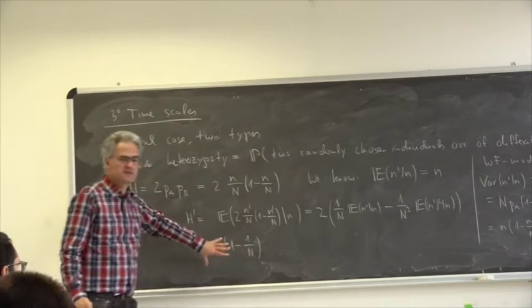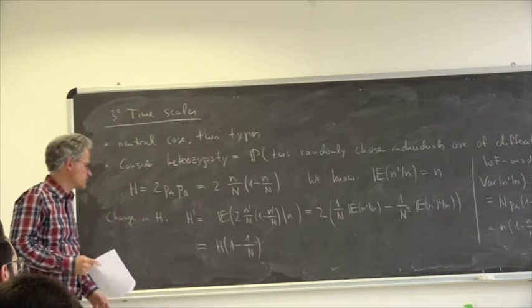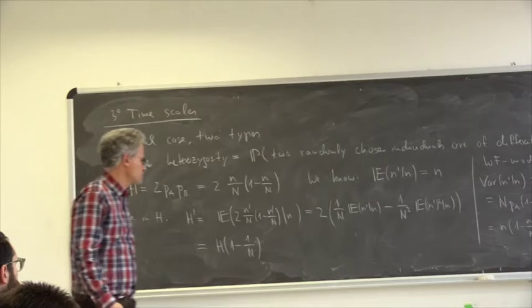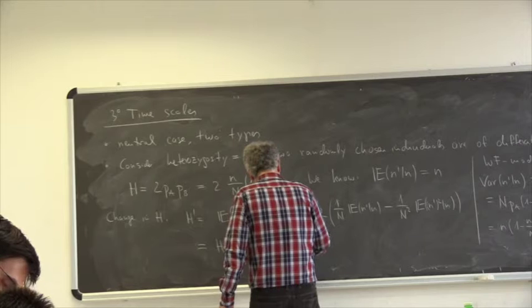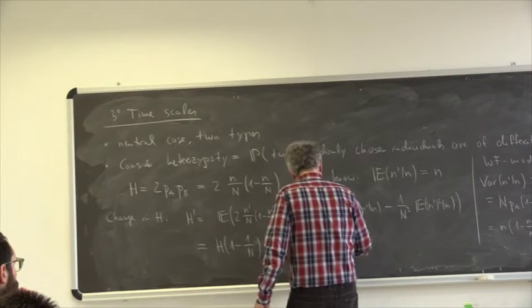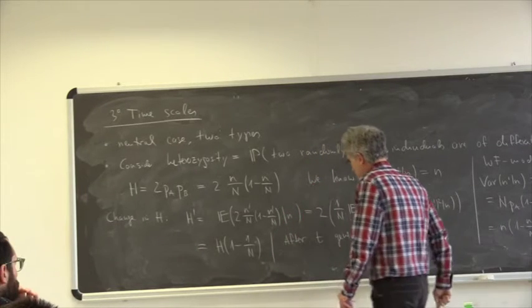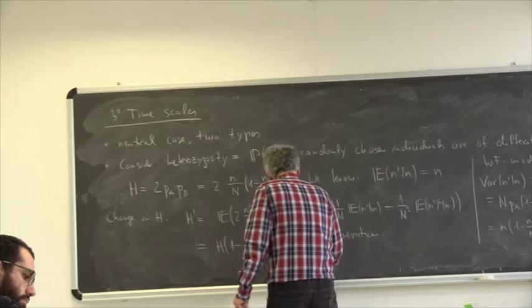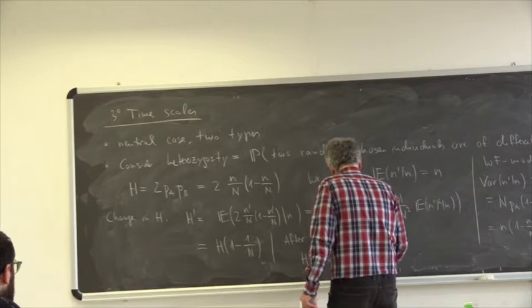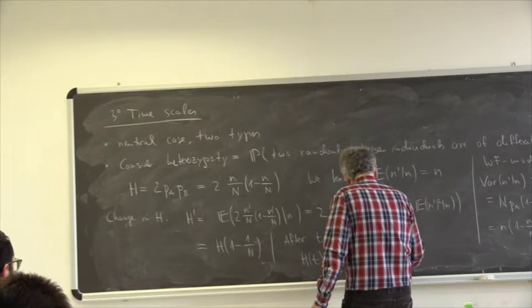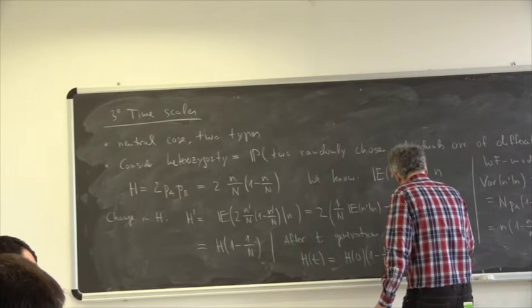And so here you can see this in an average way. Rather than just looking at the endpoints of fixation, you can see that during the process, the heterozygosity actually decreases. So after t generations, the heterozygosity is essentially the heterozygosity at time 0 times 1 minus 1 over n to the power t, which you can of course write as an exponential function.